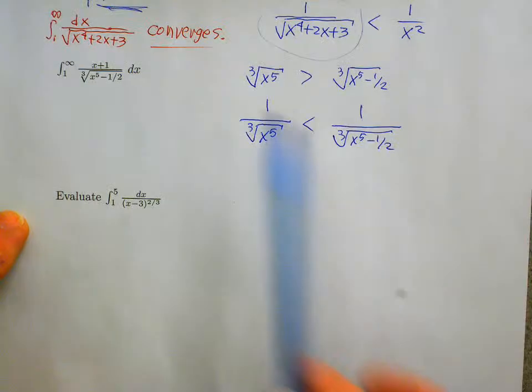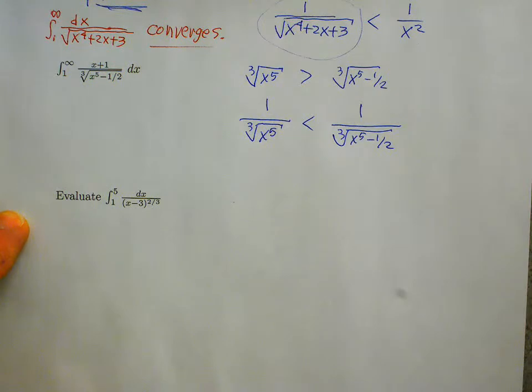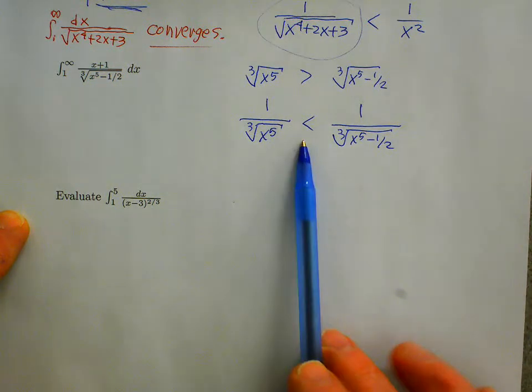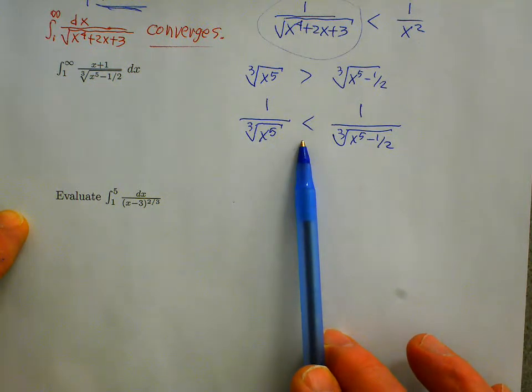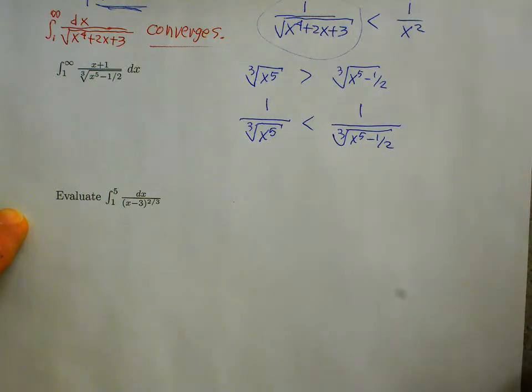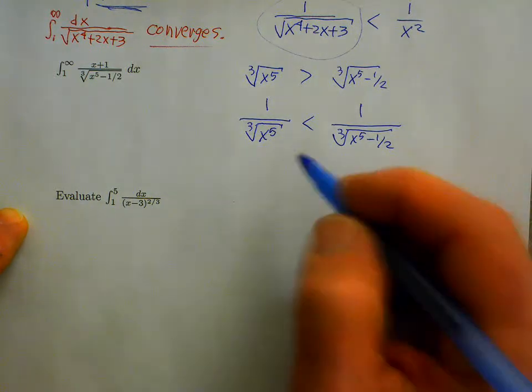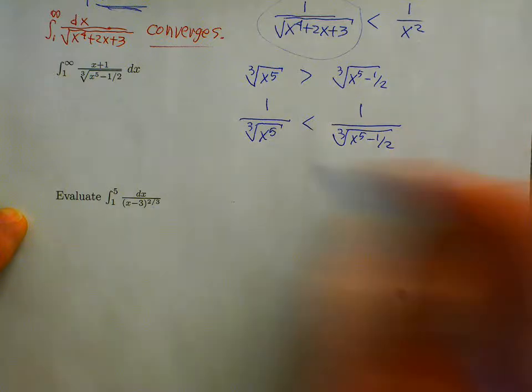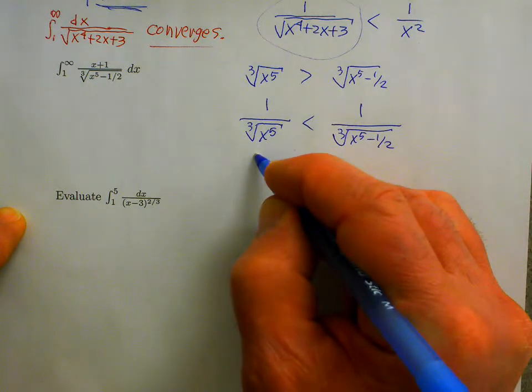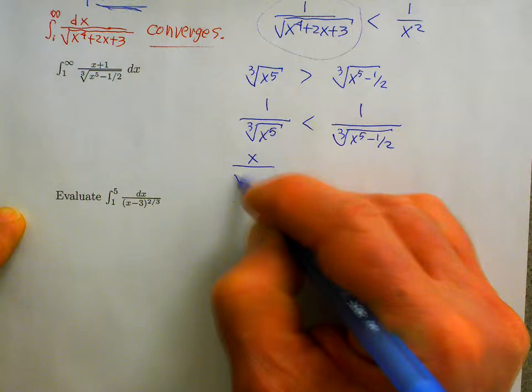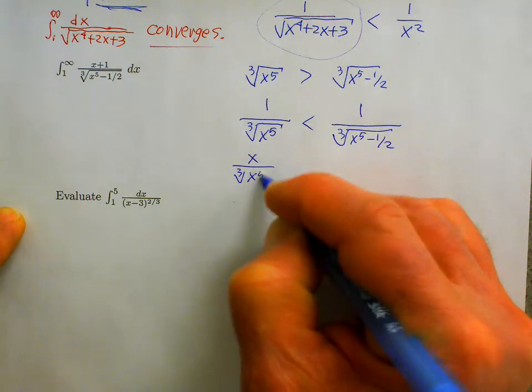And then if I multiply both sides by x, and x is a positive number, then the inequality is preserved, right? So if I multiply both sides by x, I'm running out of space, but I get x over the cubed root of x to the fifth.